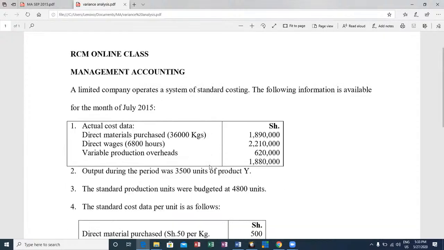And I would want to see whether our students at RCM are able to compute these material price variances, or other variances, very fast. Material price variance, very fast. Let's see.